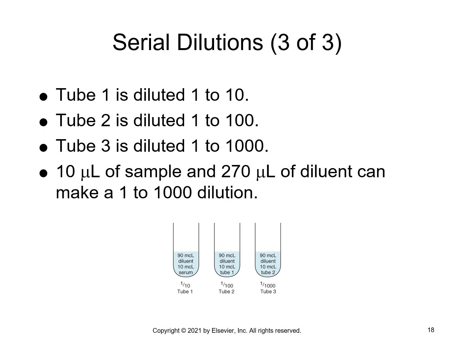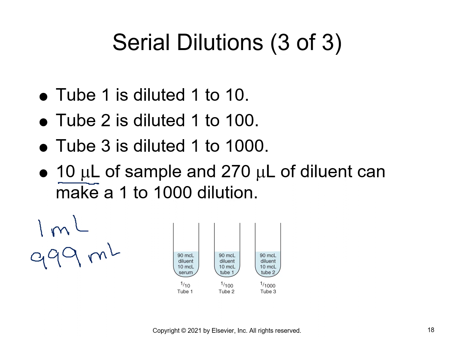By doing a serial dilution, you can see that we've reduced our volume. Originally we were discussing possibly using 1 mL to 999 mL to give us our total of 1,000 dilution. But by doing this serial dilution, we've reduced that down to where we really only need 10 microliters to start with.